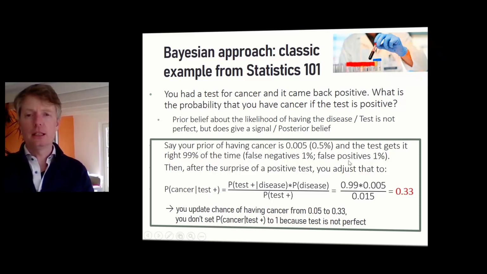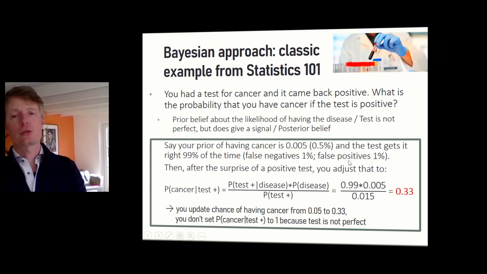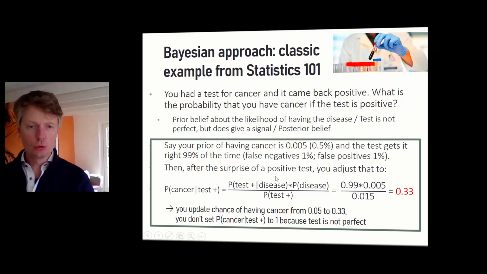Here, we also have a chance of a false positive of 1%, which means that if you do not have cancer, you have a 1% chance that the test says yes, you do have cancer. Now, let's apply Bayes' rule. So what we want to know is the chance of having cancer given the positive test result.